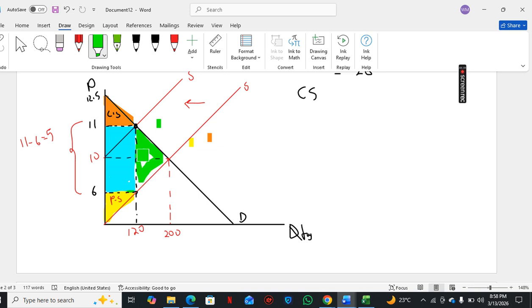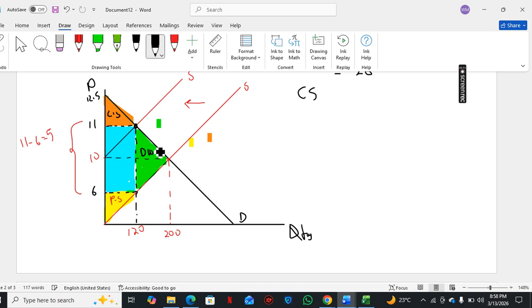Then this green triangle is what we call dead weight loss. This is what could have been produced, but it hasn't been produced. It's been lost out. Dead weight loss.